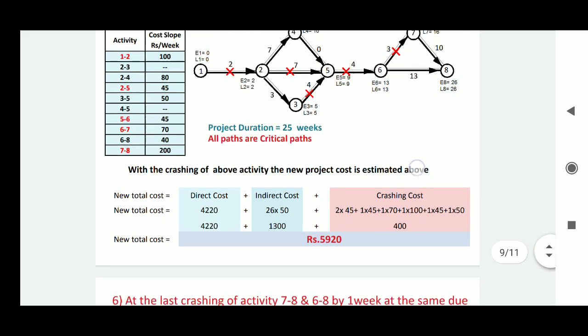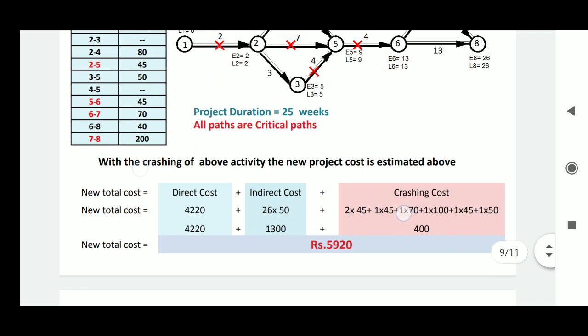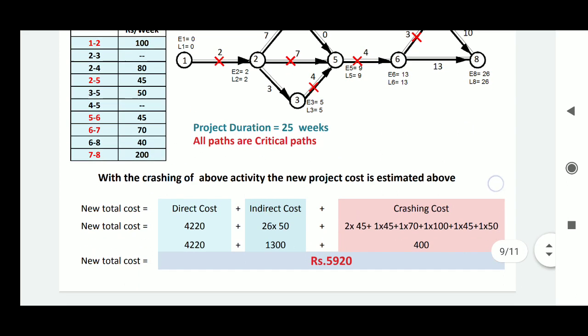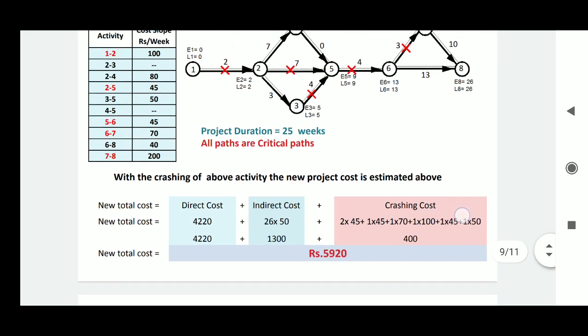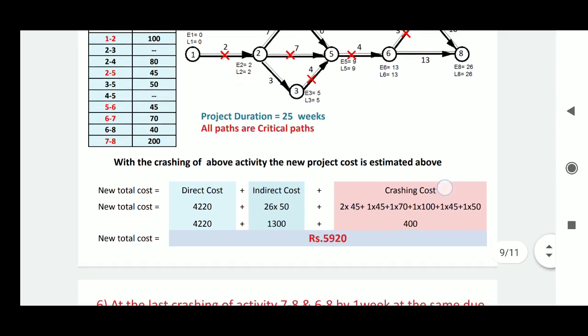Now see the total new cost of the project, that is 5920, because we are going to add the crashing cost of activity 25 and 35. Here at the last, you see that 1 multiplied by 45 plus 1 multiplied by 50. So that is 5920. Again the crashing cost, the new project cost is increased.